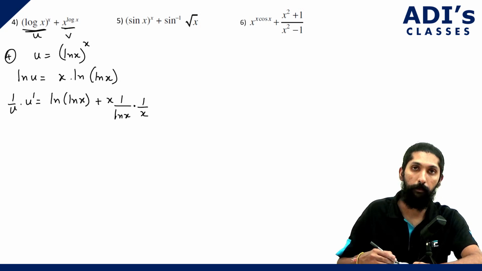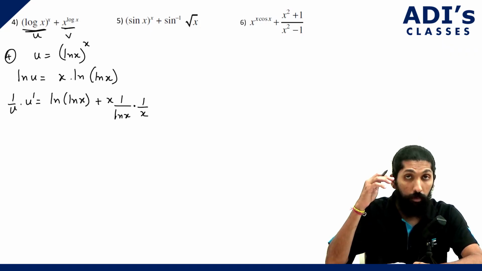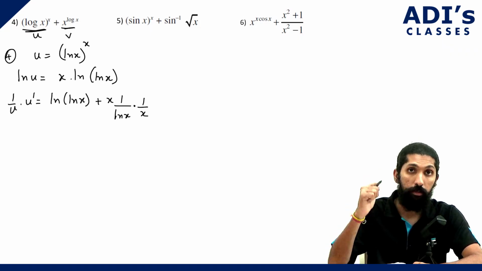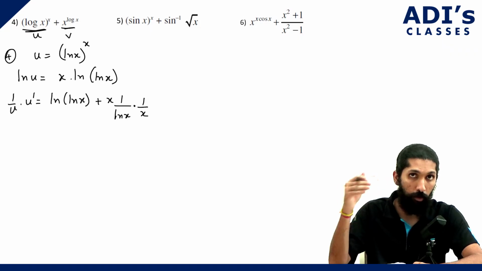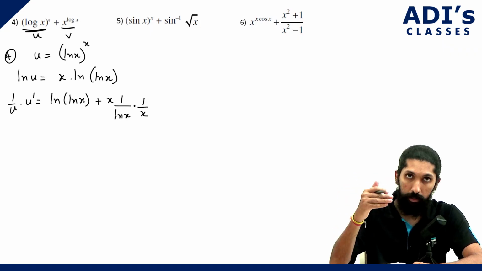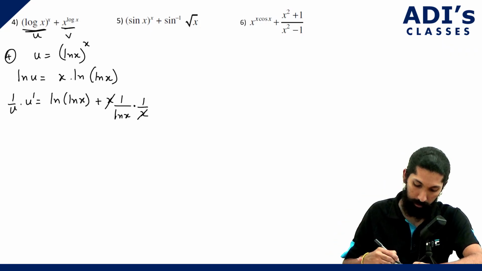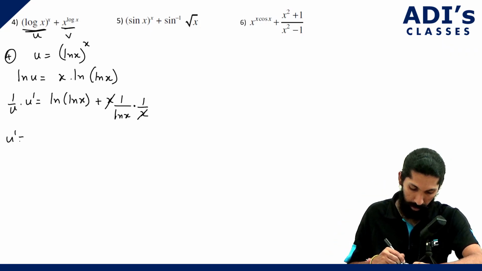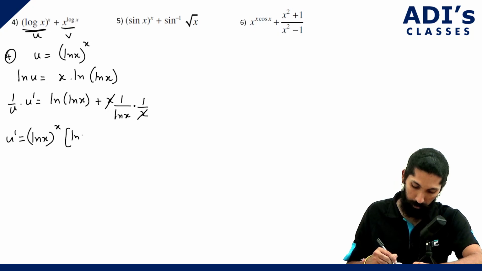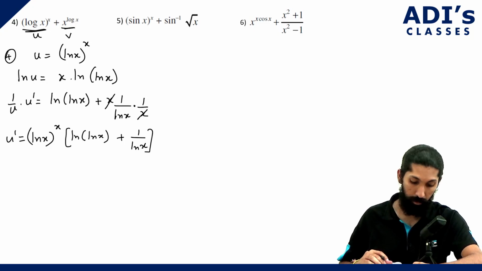Now, easily, because you have log of log x, so 1 by log x and 1 by x. So here x and x cancel. So u dash is equal to (log of x) whole power x into (log of log x plus 1 by log x). This is the value of u dash.